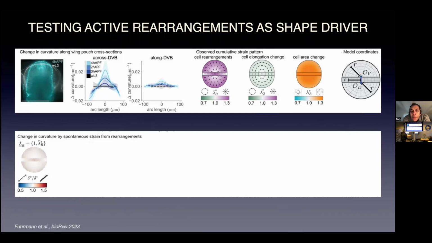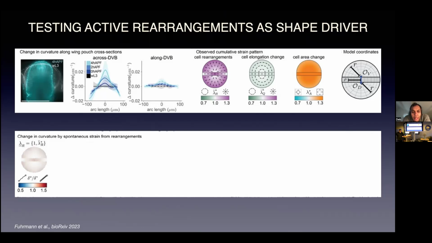And now at the same time, we can look at the cumulative strain pattern, like the inferred spontaneous strains coming from the actual observed cell behavior. So at each time point, we see the cells in different regions change their areas, change their shapes, and we can use that topological coordinate system to see how much of a net neighborhood flow has occurred.